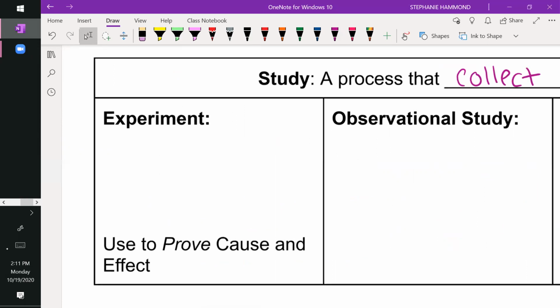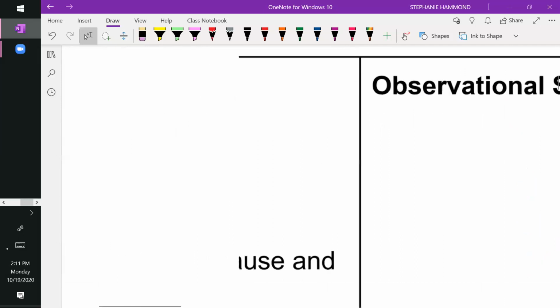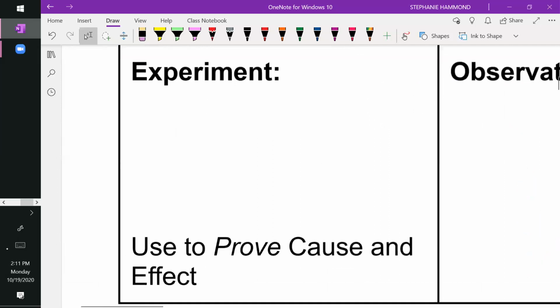And the way we know which one we want to use is whether we're trying to decide if something causes another or if there's simply a correlation. With observational studies, we can only talk about correlations between variables. Whereas with experiments, we can actually talk about cause and effect. Okay, we can say that one thing causes another if I produce an experiment that shows that it does.